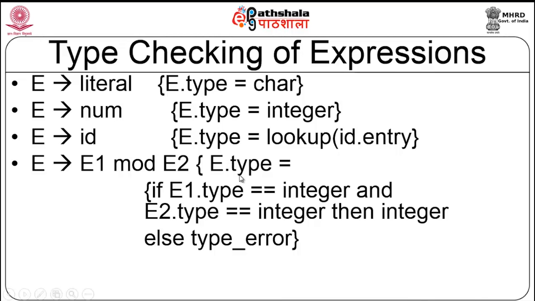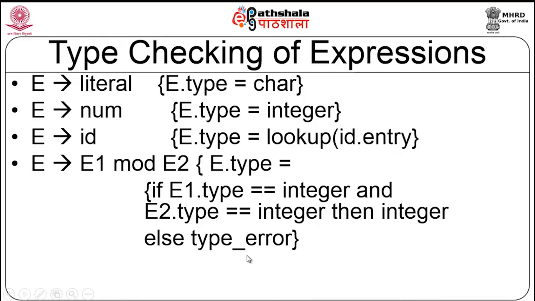Okay, so this is what we do. So the left hand side type is nothing but, depending upon the validity of the types of E1 and E2, the LHS will be assigned a type, in this case integer, or if this is not satisfied, for example, if E1 is real and E2 is an integer, or vice versa, or both are real or both are characters, something like that, then in that case this will not be satisfied.